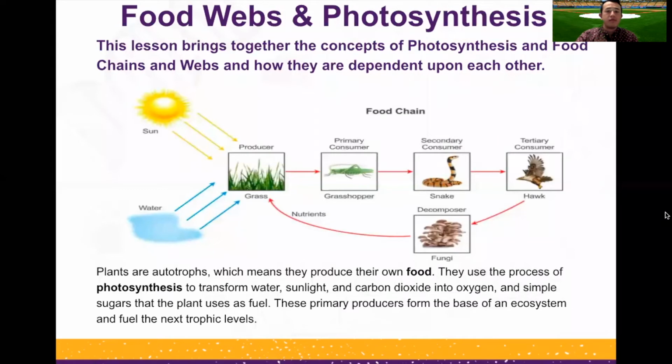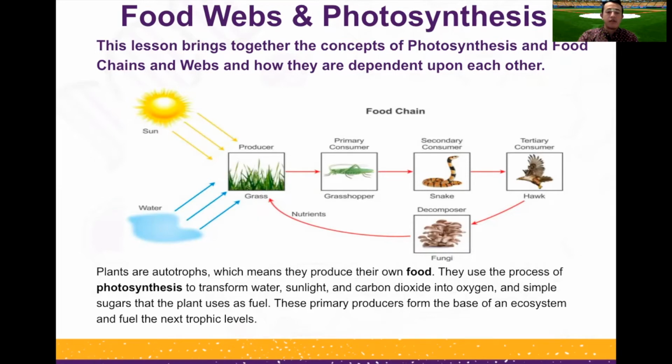So moving forward, let's look at food webs and photosynthesis as an illustration. This lesson brings together the concepts of photosynthesis and food chains and webs and how they are dependent upon each other. This is a great illustration because it shows our sun and our water coming together. Remember that we need that CO2 as well to start photosynthesis, but that's kind of what's making that producer, that grass.